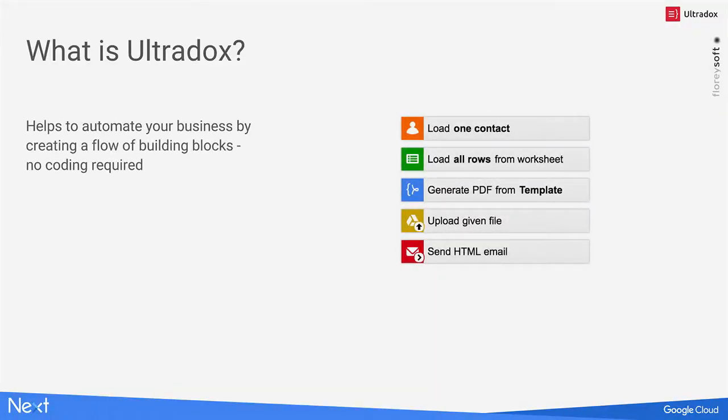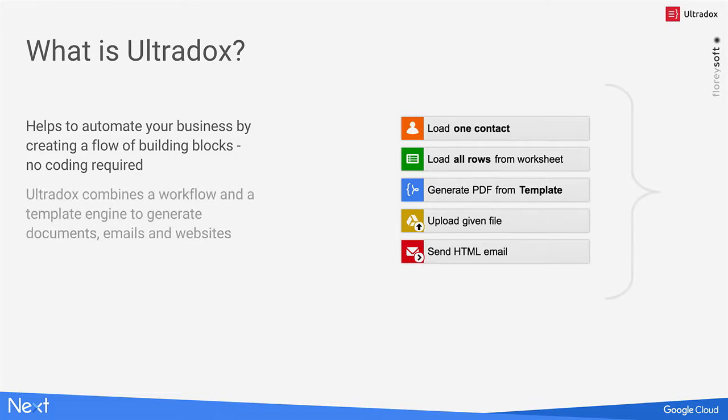Okay. So Ultradox comes with a set of high-level building blocks, and you can create automations or apps by assembling these building blocks using our drag-and-drop interface. And as most enterprise-related business processes also involve documents and emails, Ultradox also comes with a very powerful template engine that you can use to generate PDF, Word, or LibreOffice documents right in the cloud, and also to create responsive emails.